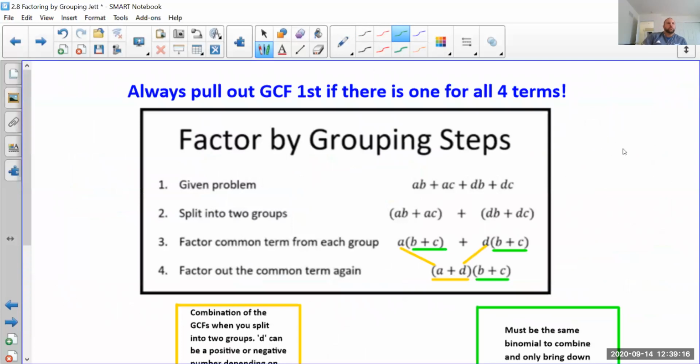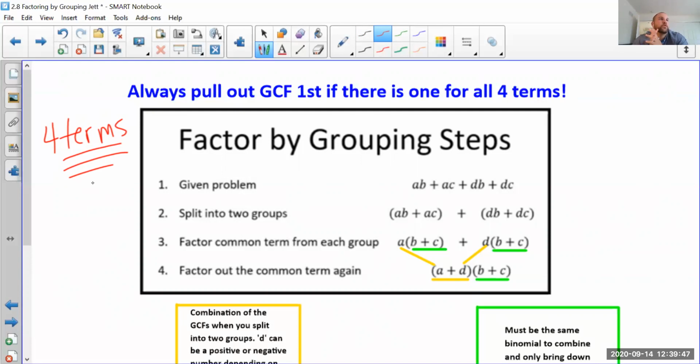So we use this when we have 4 terms. It's always going to have 4 terms. That's when we're going to use grouping, because then we can separate our 4 terms and group them into 2 sets of 2 terms.